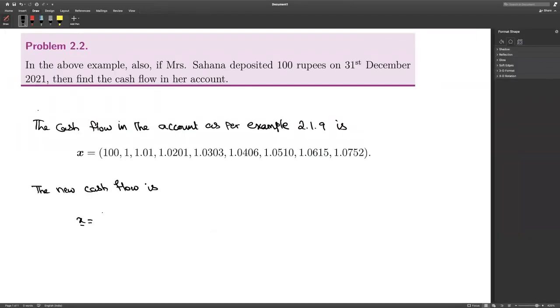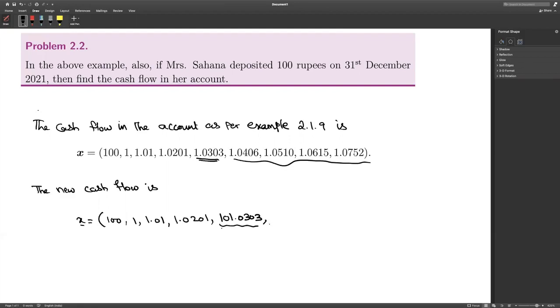X is equal to 100, 1, 1.01, 1.0201, and from now onwards, the cash flow changes. Since Sahana deposited 100 rupees, now you will have 101.0303, that is 100 plus this number, and now onwards this entire cash flow will change because you are compounding this amount.